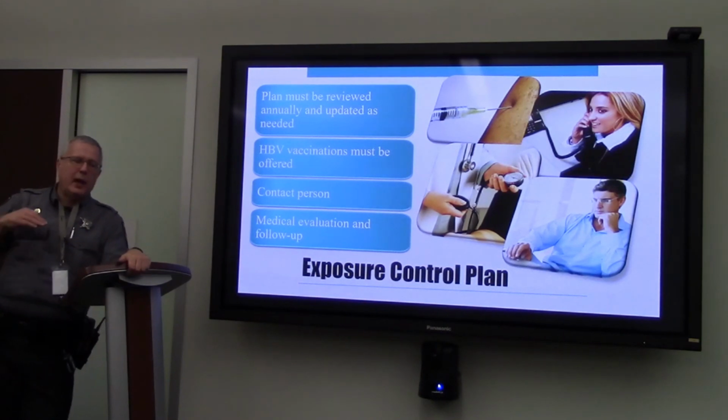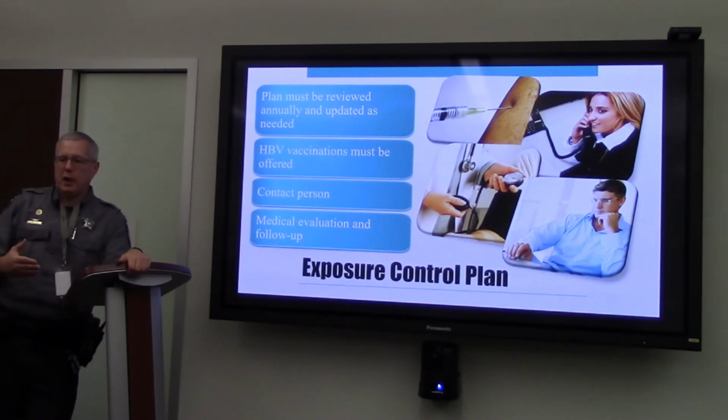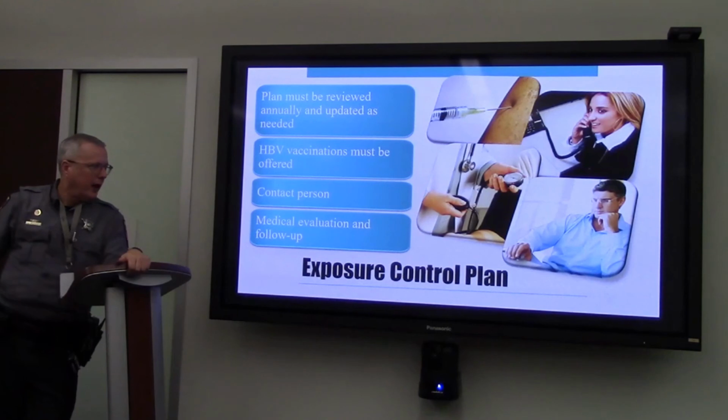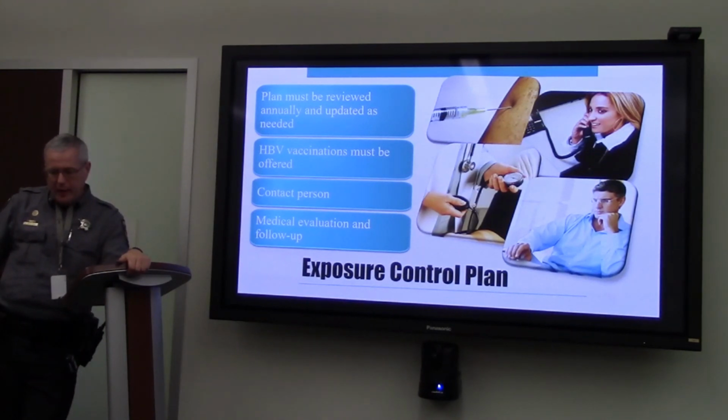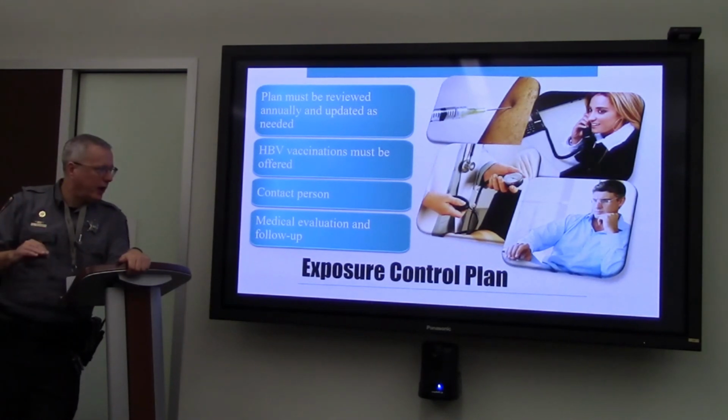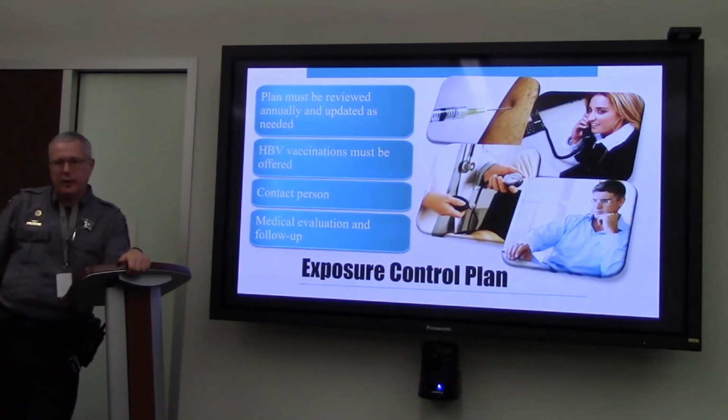If you have a febrile illness or a fever and it looks like you may actually have a COVID infection, then you have to be 3 days without a fever, plus it has to be 10 days from the date of exposure before you're able to come back to work.